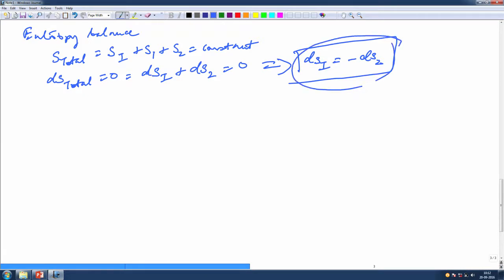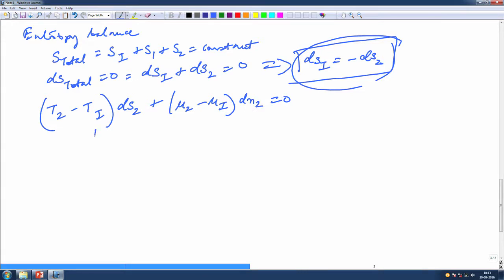If we do that, then this becomes dS2 plus (mu 2 minus mu i) dN2 is equal to 0. This is valid for any dS2 and dN2.